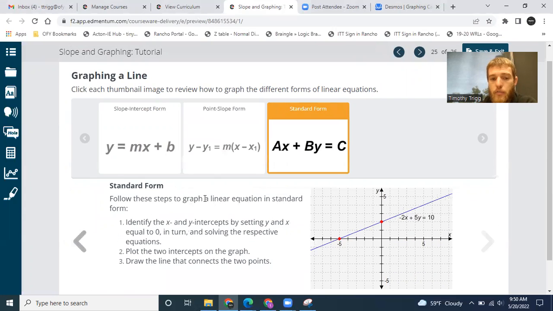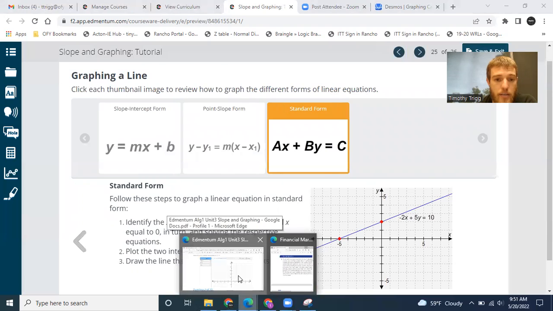And then you have standard form, which you'll see sometimes. The good thing about standard form is it's really good at helping you find the intercepts. You can find the x and y intercept quite quickly using the standard form. Okay, now let's go ahead and move on to the practice.